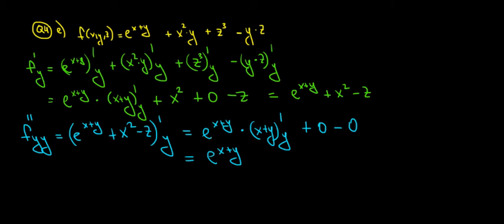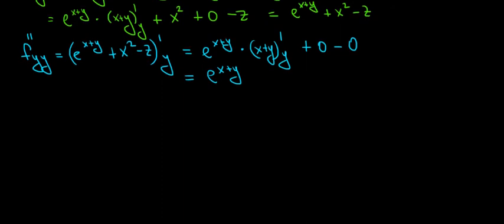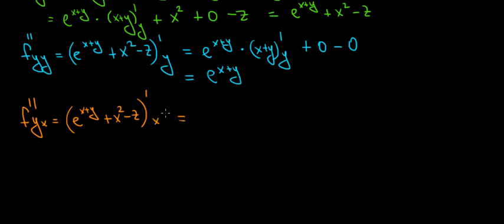Now let's do the derivative of y and then with respect to x. So we will need the first partial derivative with respect to y and then differentiate it one more time with respect to x. So y and then x, and that's equal to e to the power x plus y plus x squared minus z. That's the first partial derivative with respect to y. Differentiate with respect to x. So now x is the variable of interest, y and z are constants.